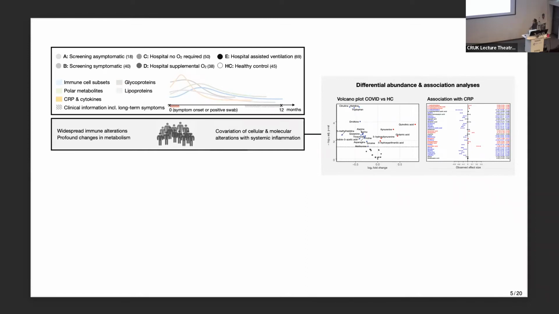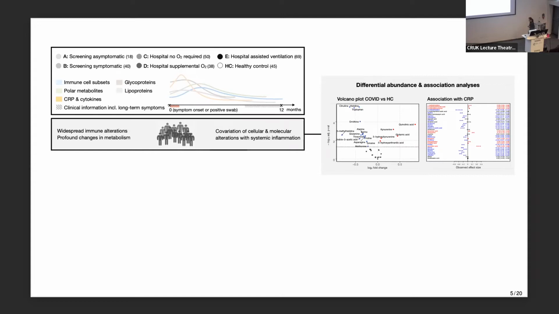What we found was mostly in line with existing knowledge. We found important disruptions across many parameters of the inflammatory, metabolic, and immune systems, and these parameters largely covaried with CRP. CRP, I'm sure you know, is a marker of inflammation that's almost systematically measured in blood tests.